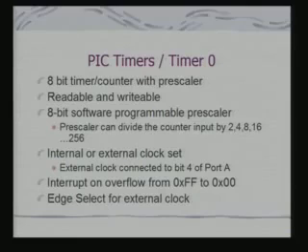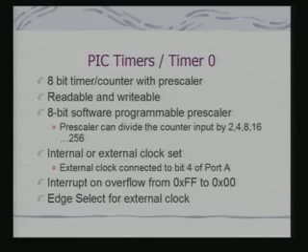And it can be set to an internal or external clock, and in fact you can see that the external clock is connected to bit 4 of port A. This is an example of what I had already told you, that these I/O bits are multiplexed for various tasks with peripherals. Here bit 4 of port A can be used as an external clock for timer 0, and it generates an interrupt on overflow.